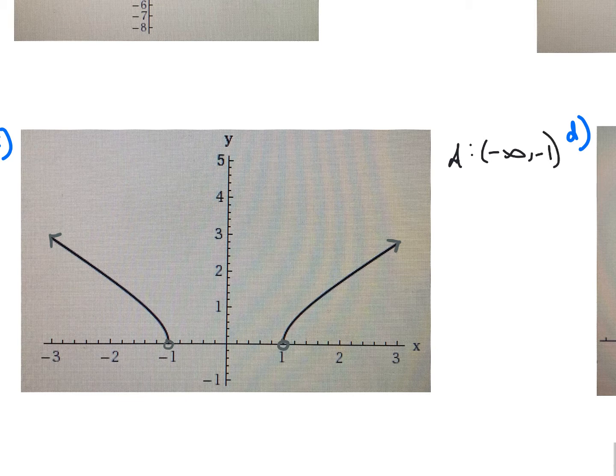Parentheses, because I have that open circle. Where does my graph pick up again? 1. And where does it end? Infinity. Why is it 2? Because I have this gap here where my graph doesn't have anything going on. There are no x values from -1 to 1, so I need that gap in my domain.